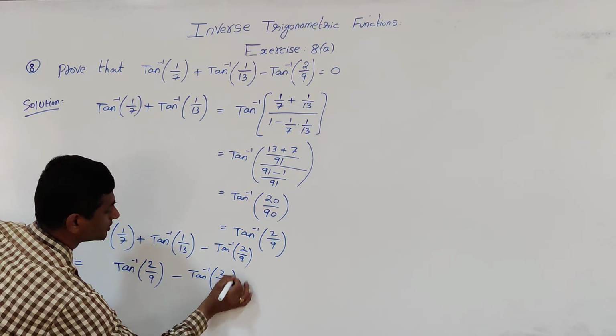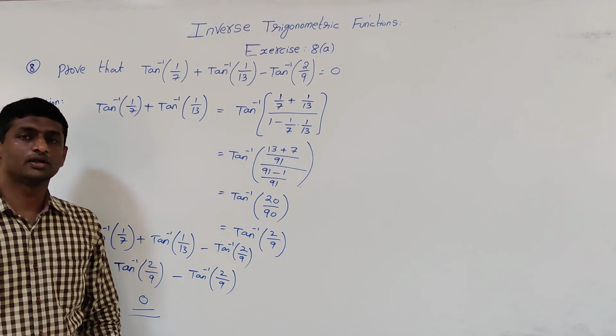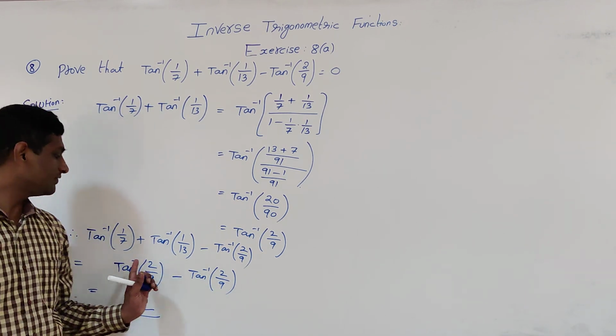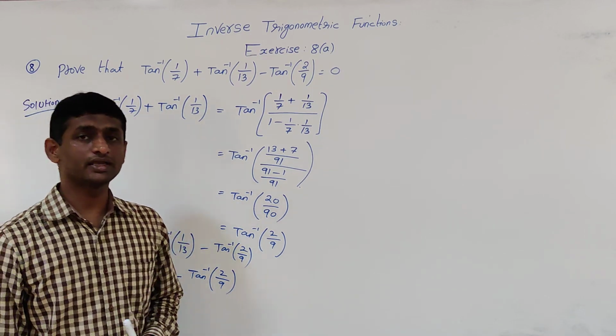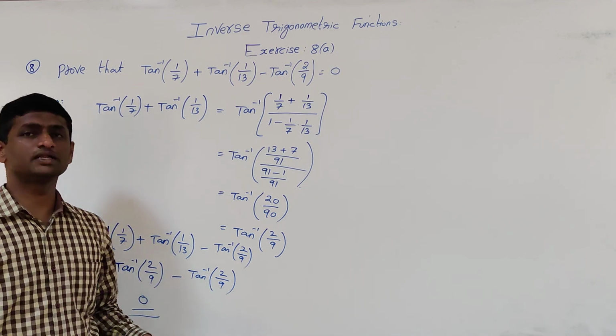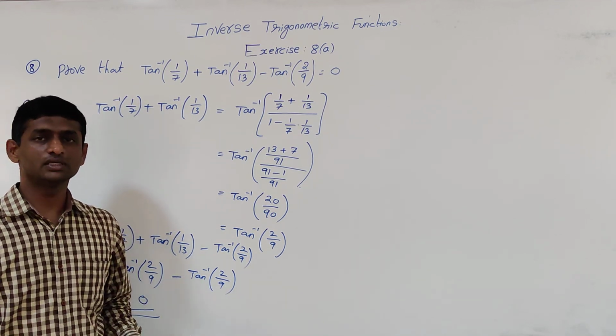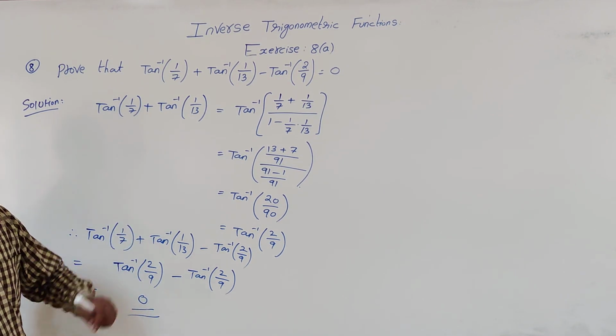Both are equal, therefore it is equal to 0. Or we can directly apply tan inverse of x minus tan inverse of y, which is tan inverse of (x−y)/(1+xy). So 2/9 minus 2/9 means 0, and tan inverse of 0 is 0. So that is another way. This is equal to the RHS.